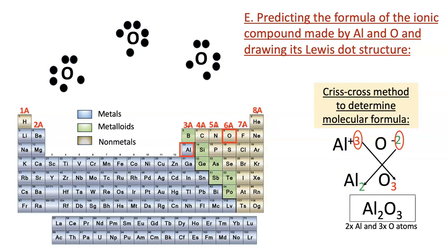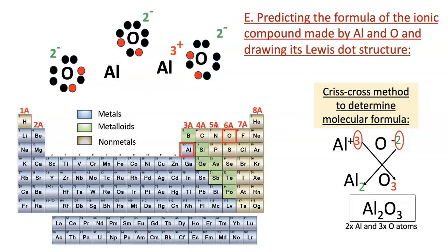And how do you draw it? You draw 3 oxygen atoms with spaces in between, and you put the aluminum atoms in the middle, like that. And they lose the electrons like this. Each aluminum gives 3 electrons to 2 atoms of oxygen.